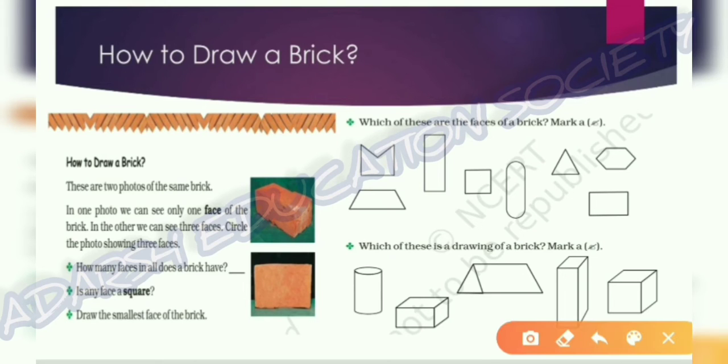So you have to observe all the 3D shapes. Right? Now the answer is the fourth shape. In this shape you can clearly see the faces of the brick, right? So you have to put a tick mark on the fourth drawing.